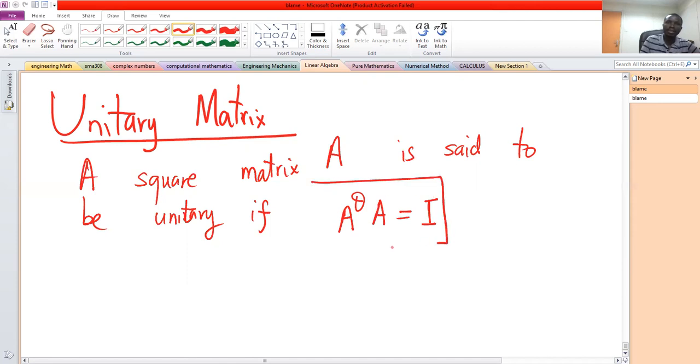And remember, A power theta is the matrix obtained by getting the transpose of the conjugate of the matrix A.